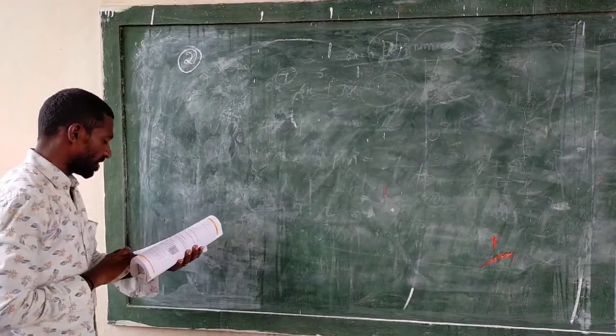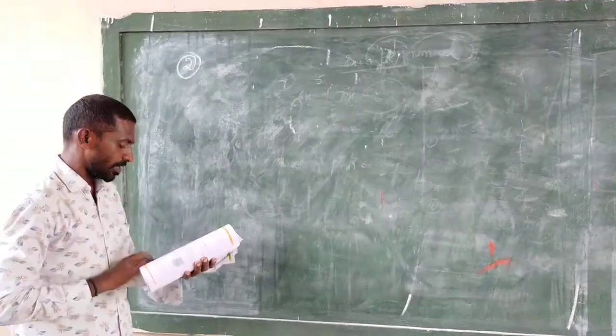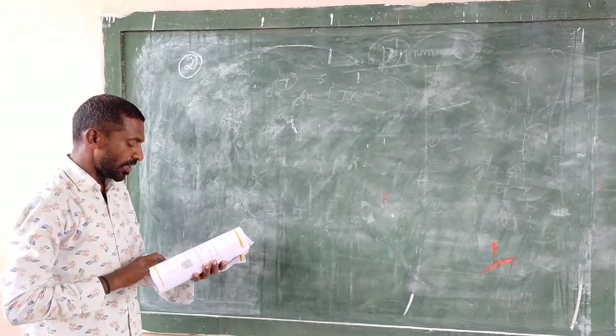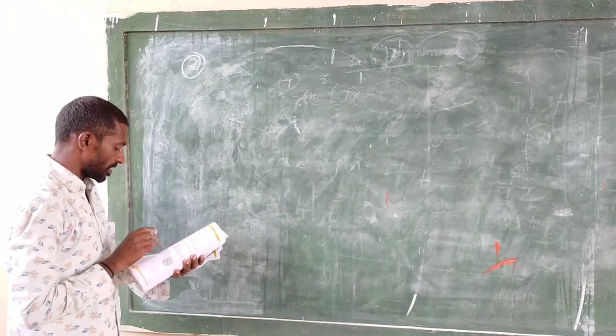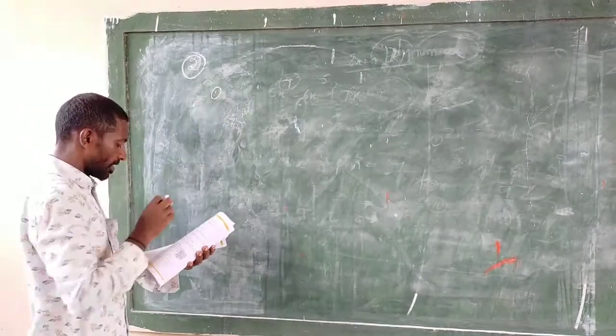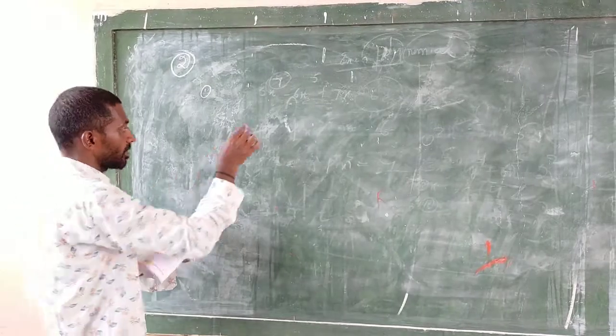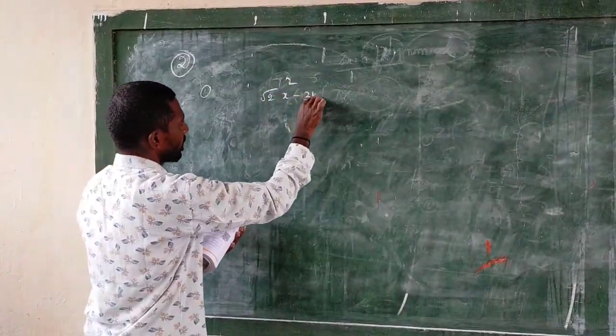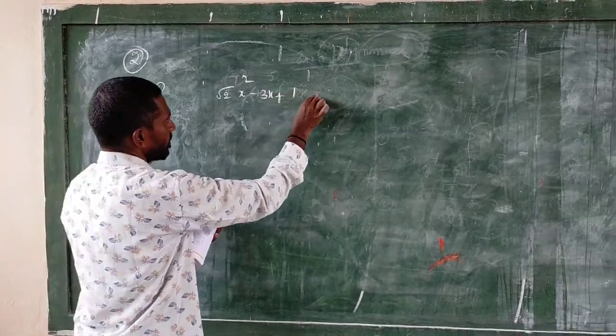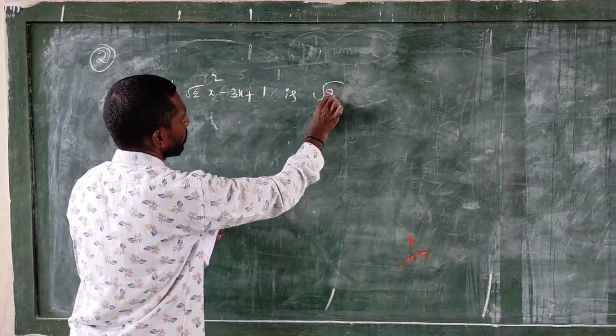Next one: state which of the following statements are true and which are false. Give a reason for your choice. First one: the degree of the polynomial root 2 x square minus 3x plus 1 is root 2.